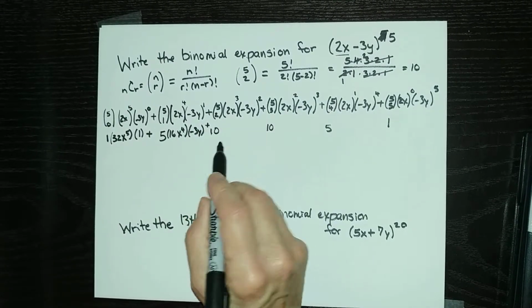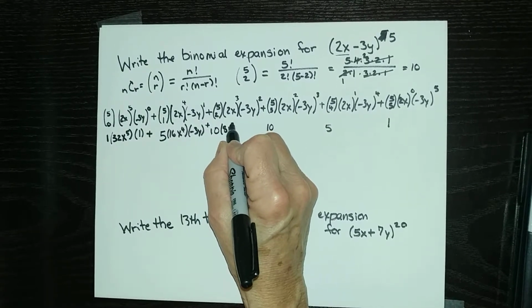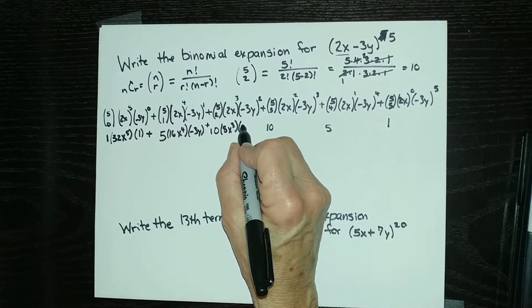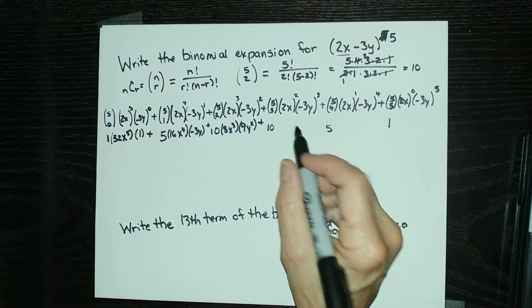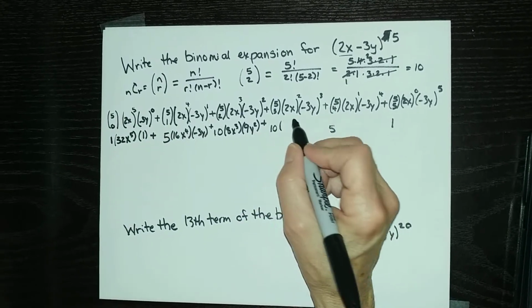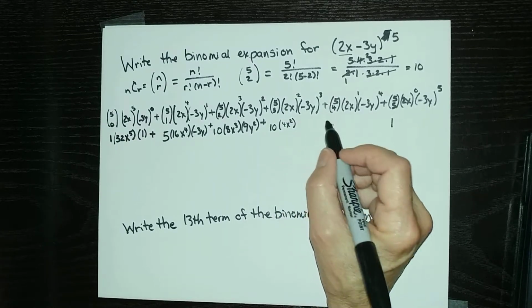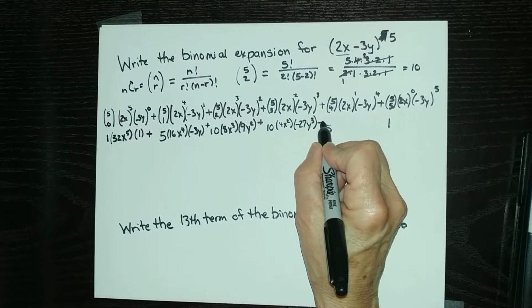Plus, the coefficient is 10. 2 to the 3rd power is 8. X to the 3rd power is x cubed. Negative 3 squared is negative 3 times negative 3, which is a 9, y squared. Plus the coefficient is 10. 2 squared is 4, x squared is x squared. Negative 3 raised to the 3rd power is negative 27, y to the 3rd.